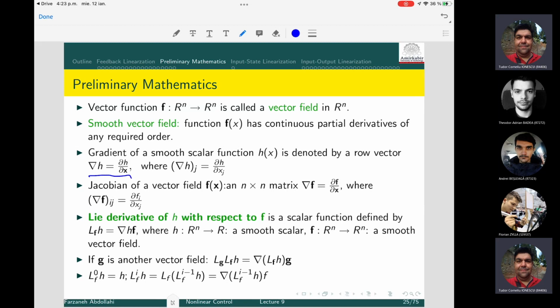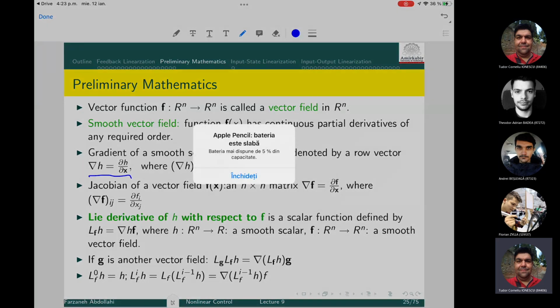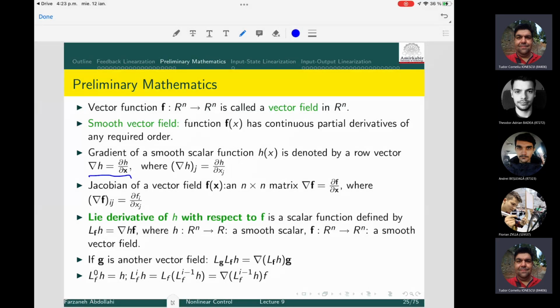If g is another vector field, then L_g L_f h is the derivative of L_f h times g, that is d(L_f h)/dx times g. So we use different notations, okay? Last time we didn't have such a notation with nabla, but here probably for the sake of simplicity, they're using this notation.